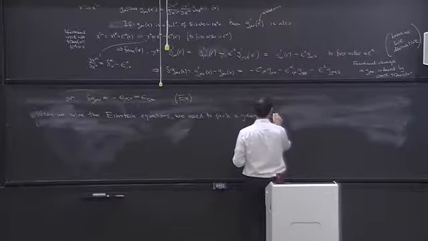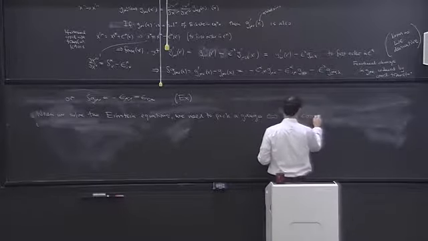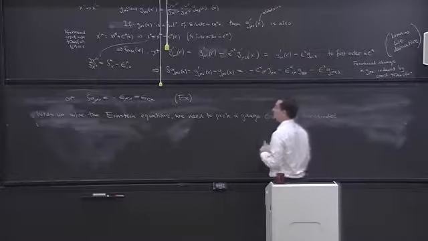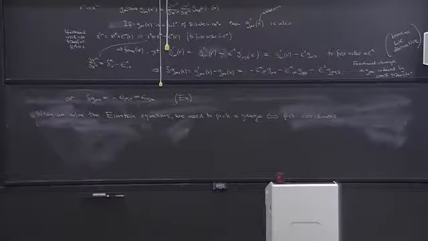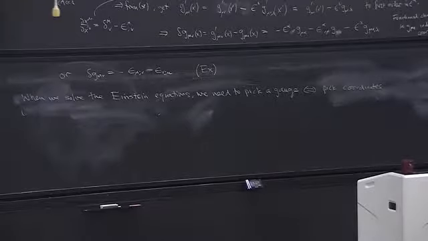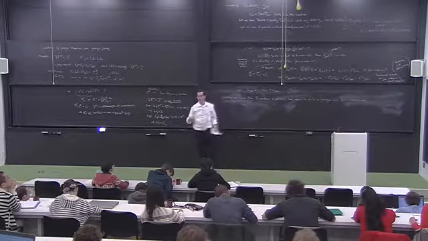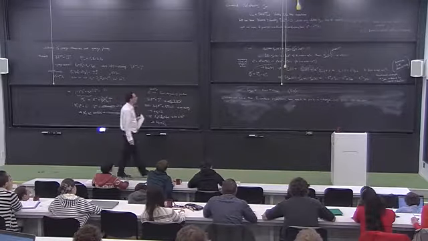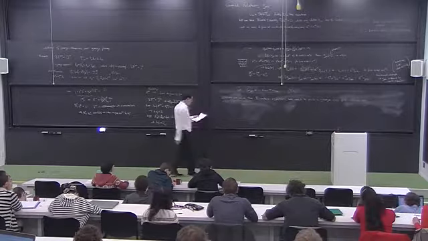That's completely equivalent to saying we need to pick coordinates. And the analog of the gauge freedom in electromagnetism, under A mu goes to A mu plus the gradient of a function, is exactly this equation: the change in the metric is the gradient of a 4-vector, epsilon mu. And epsilon mu is precisely the change in the coordinates.